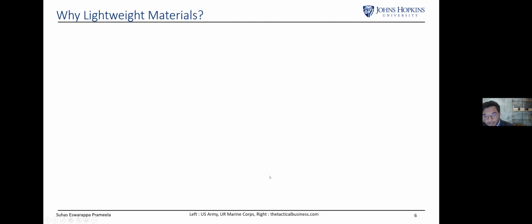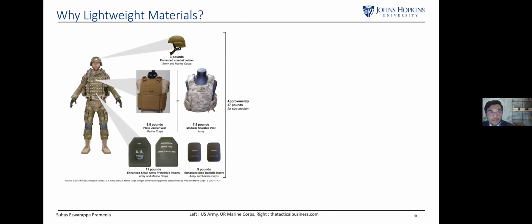Another thing to think about when considering materials for extreme dynamic environments in particular is the benefit of having lightweight materials. Here's an example of a soldier with all the protection materials, and the cumulative weight is almost around 27 pounds. When you're on the battlefield and you're fatigued, every pound matters. A big question for protection materials, whether it's body armor or vehicle armor, is how do we bring this weight down while still protecting people or systems on the battlefield?